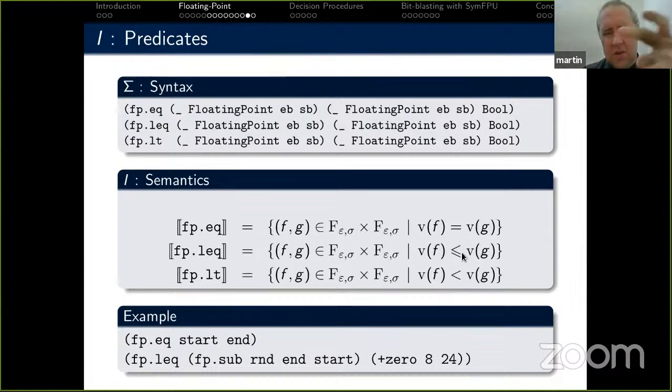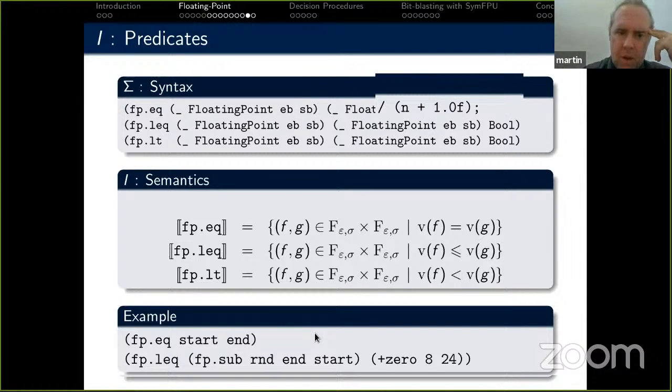Take the 2 things, work out their extended real values, and test. I think that is the termination condition for our program. Actually, no, it's one of the early guards. You're asking, is this less than 0? That's end minus start, whatever rounding mode you're using.